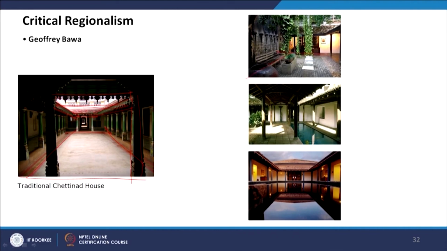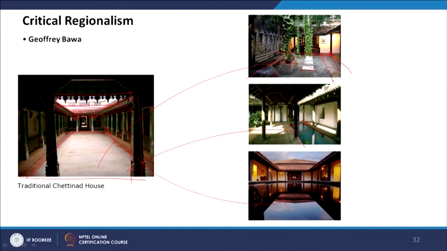So these are designed by Geoffrey Bawa, where he is using the courtyard in different forms. Sometimes the courtyard becomes a water body, sometimes it is a blend of stones and pebbles and other elements, but he is translating the courtyard into a modern context.